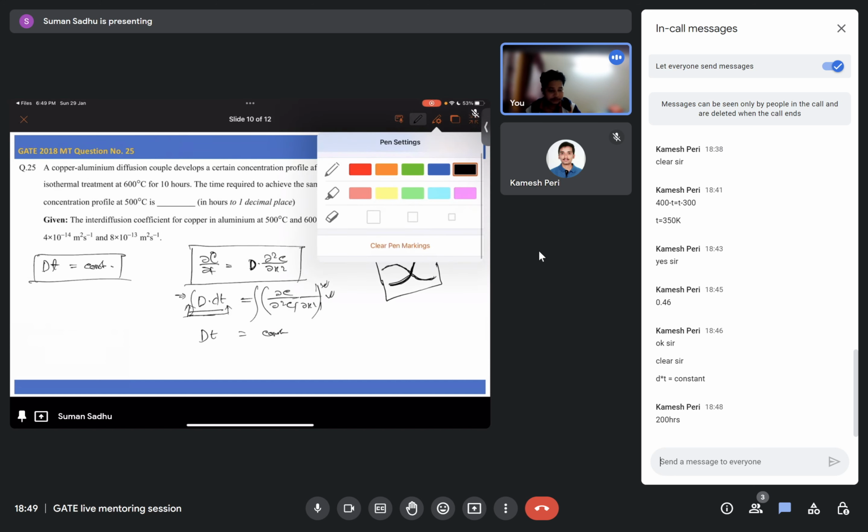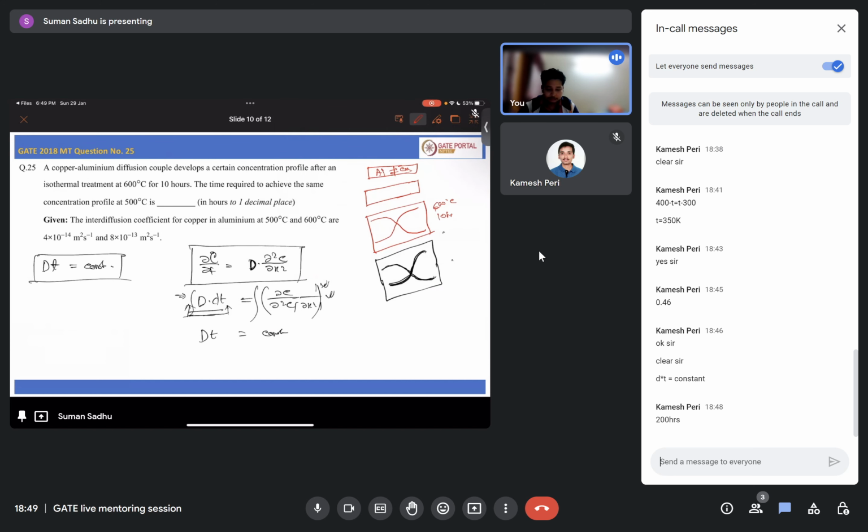Now if Dt is constant, the values are already given to you, and that's why this problem is very simple. First case: at 600, D is 8 into 10 to the power minus 13 into time of 10 hours is equal to 4 into 10 to the power minus 14 into time, and you have to calculate the time.